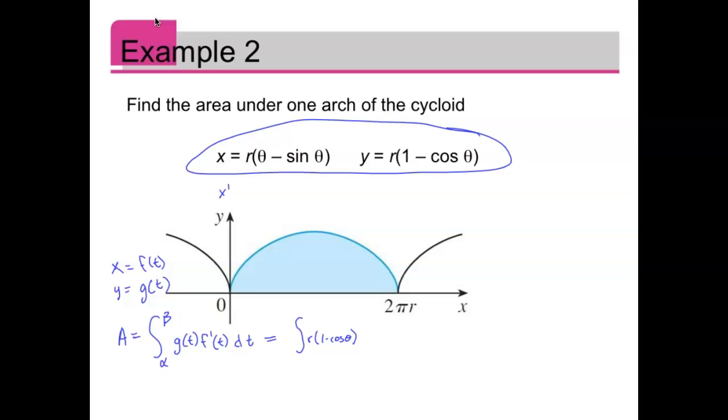X prime, right, would be r times, theta is my parameter, so I'm basically differentiating with respect to theta, so that would be 1 minus cosine theta. So times the same thing, times r times 1 minus cosine theta d theta.